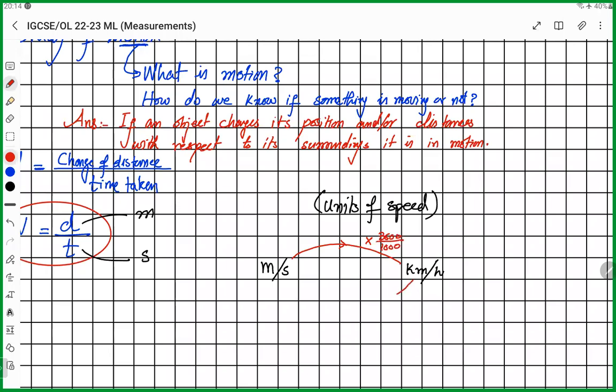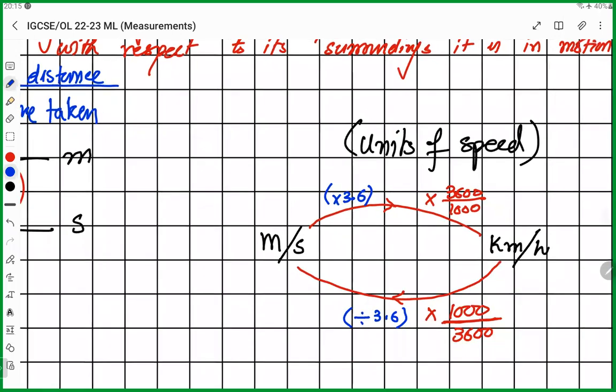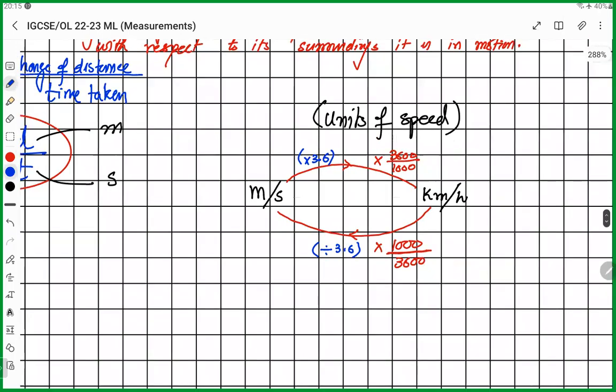And to convert from kilometer per hour to meter per second, we have to multiply by 1000 and divide by 3600. So actually, this is a factor: multiply by 3.6 to convert from meter per second to kilometer per hour, and divide by 3.6 if you're converting from kilometer per hour to meter per second.